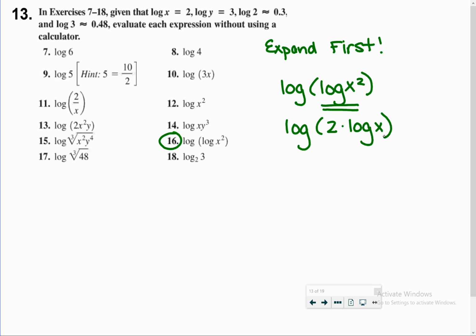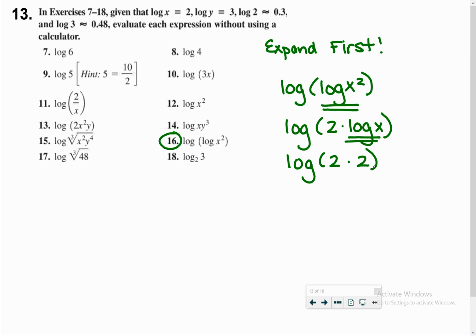We could even split it up a little bit. Well, maybe let's see if we need to split it up a little bit further. So log of x, at this point, you can go ahead and plug that in. What's log of x equal to? 2. That's given.